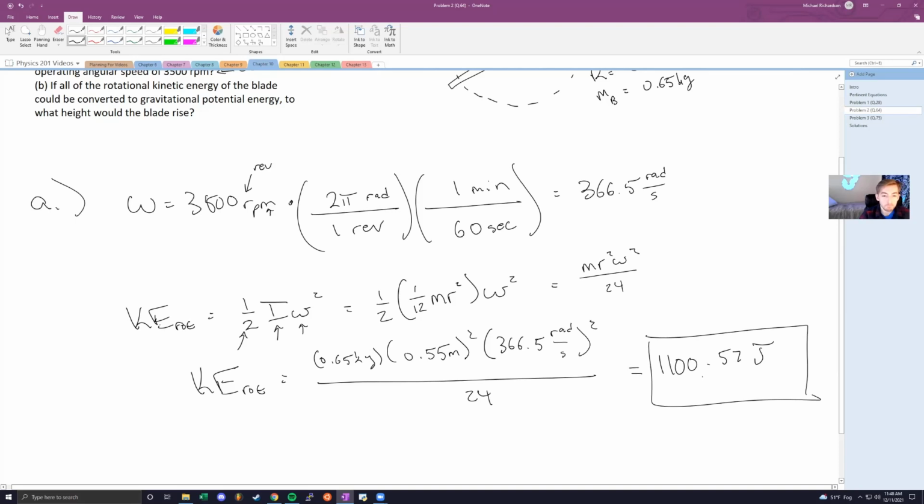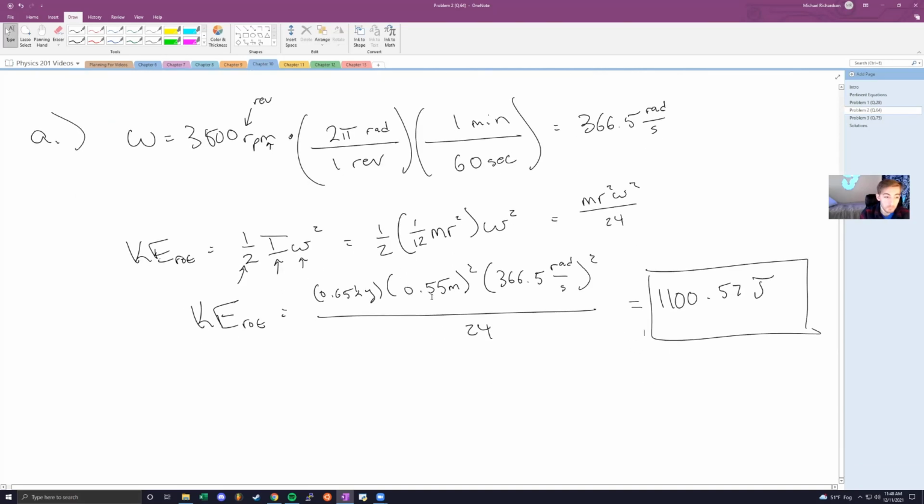So that's part A. For part B, what we're essentially doing is saying if all of our rotational kinetic energy is converted into gravitational potential, find h.